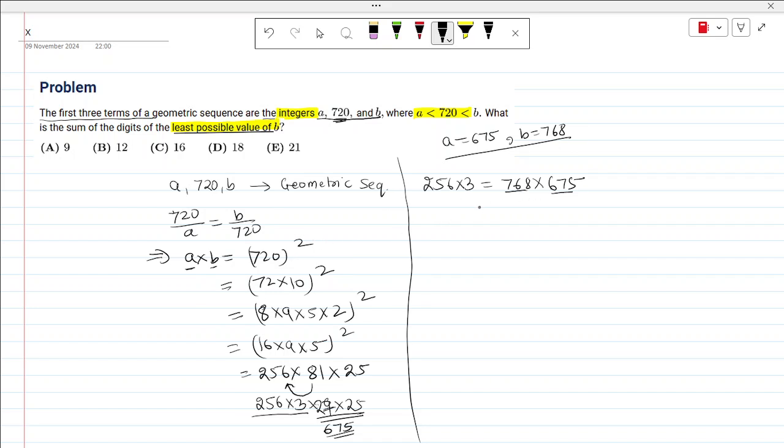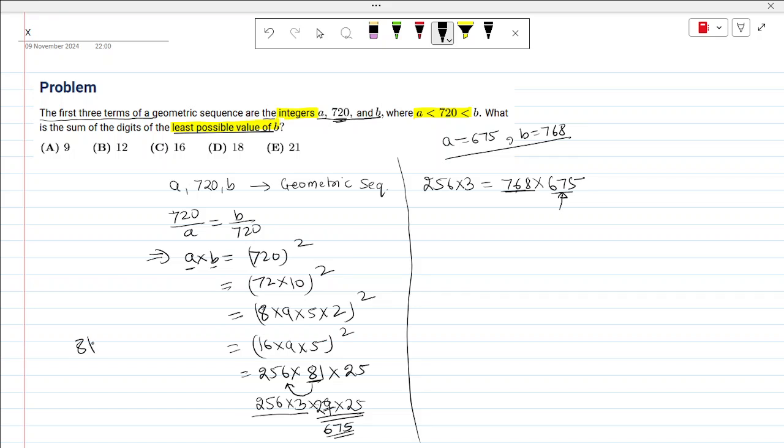For making other trials, we have to find a number such that 768 can be minimized. That means 675 will become a bigger number. If you make another trial, you can multiply 81 by powers of 2.